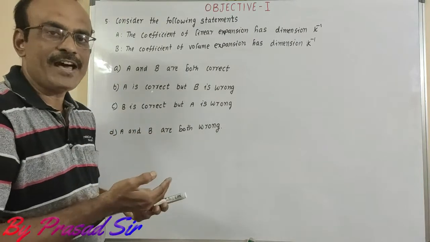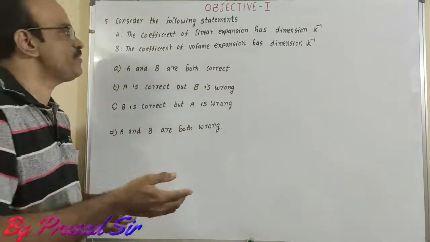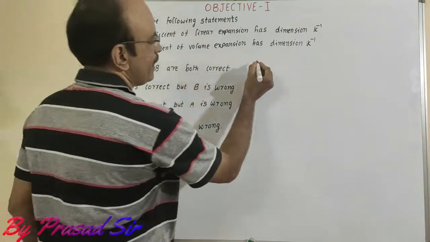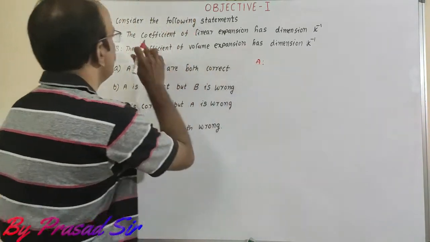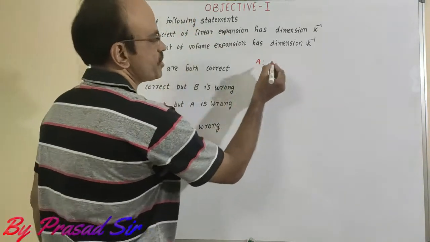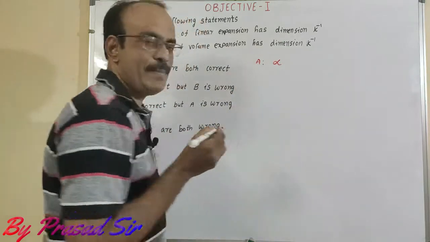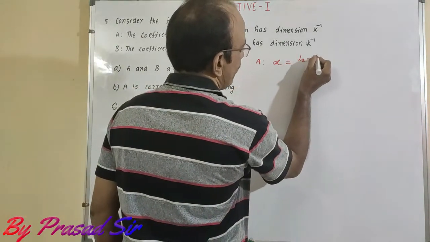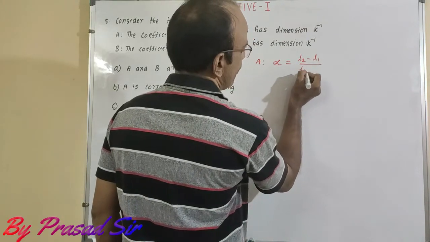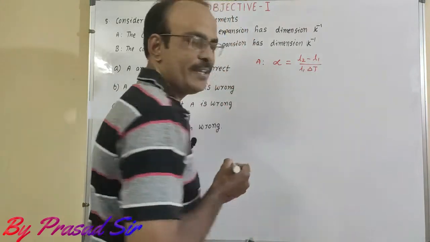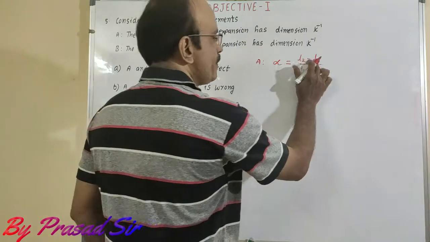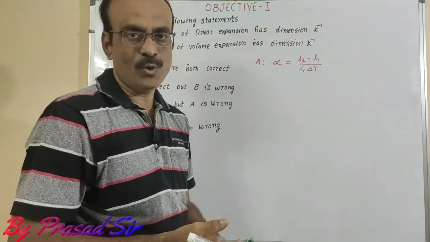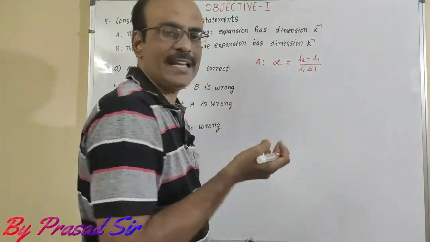To identify which option is correct, first of all, statement A. The coefficient of linear expansion, represented by alpha, is equal to the formula (L2 minus L1) divided by L1 into delta T. Here L2 minus L1 we will get length only, and the length gets cancelled.